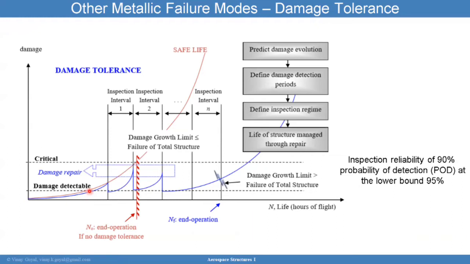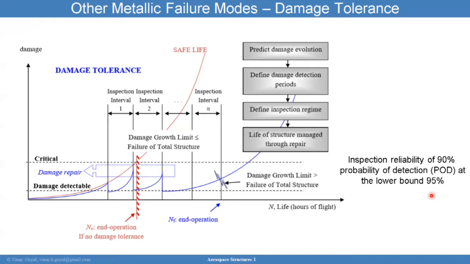And I want to be able to inspect a little bit beyond that. I want to have an inspection technique that's quite reliable, that has the ability to detect flaws with what I call a 90-95 POD, a probability of detection of 90% with a lower confidence bound of 95%.